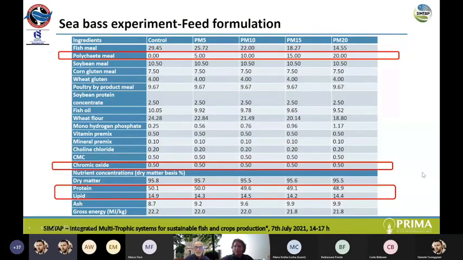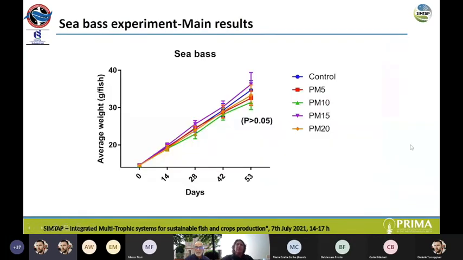You see the growth of fish at the end of the experiments, and we didn't see any significant differences between the groups.